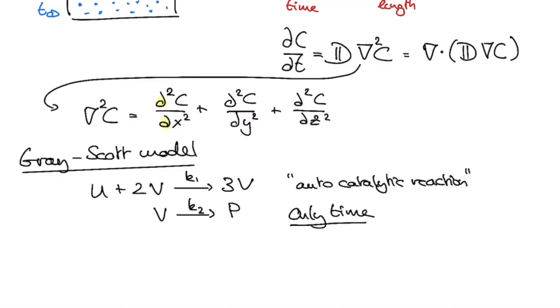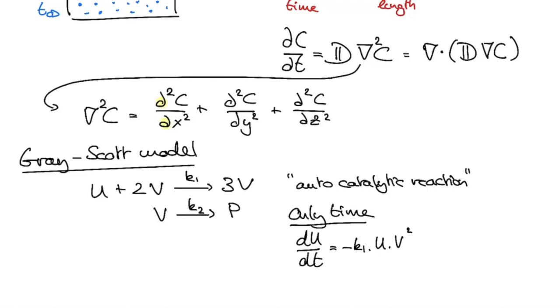So we would have du/dt. U is consumed in the first reaction, so it would be minus K1 times u times v squared. I'm just leaving out the concentration brackets here.